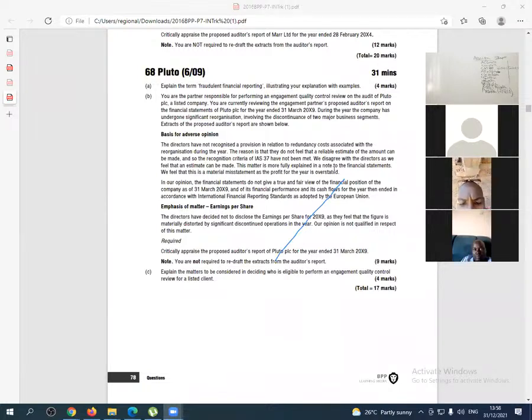Ladies and gentlemen, you can't talk over IAS in full. And again, remember that the explanation of material misstatement can never be in the opinion paragraph. It should be in a separate paragraph.